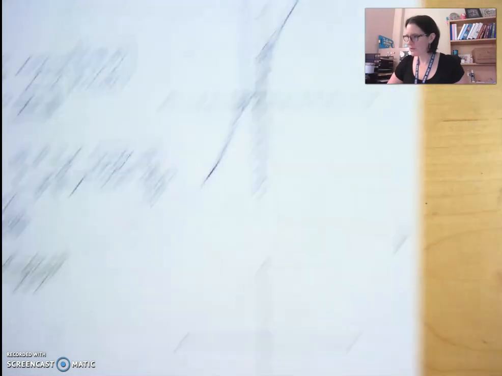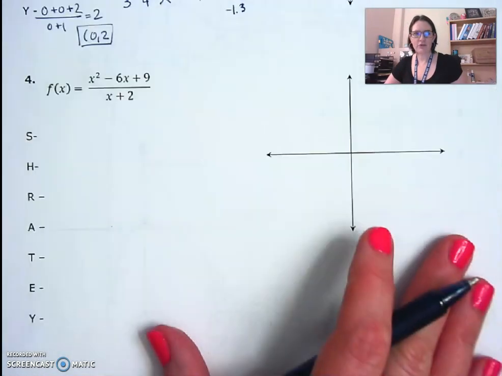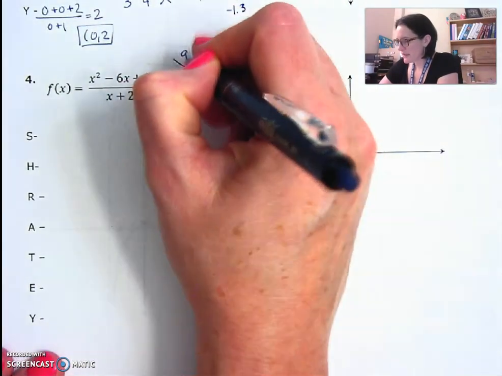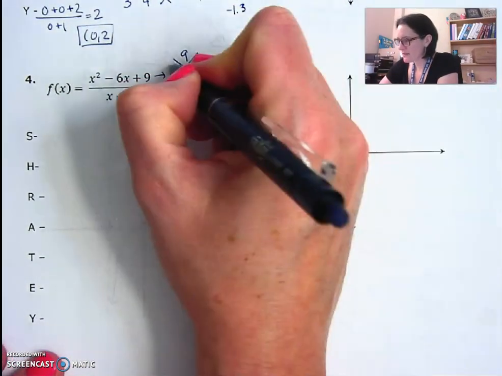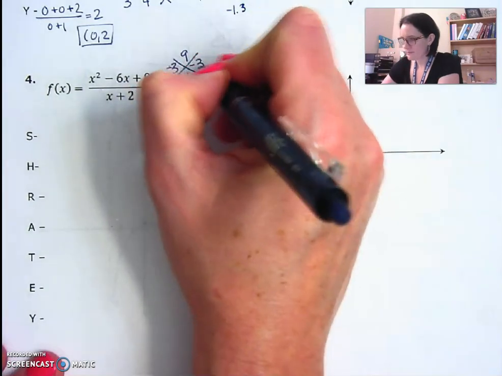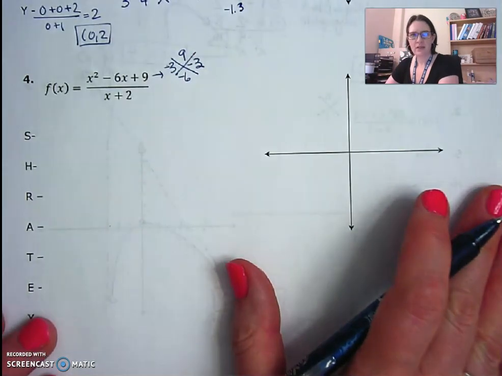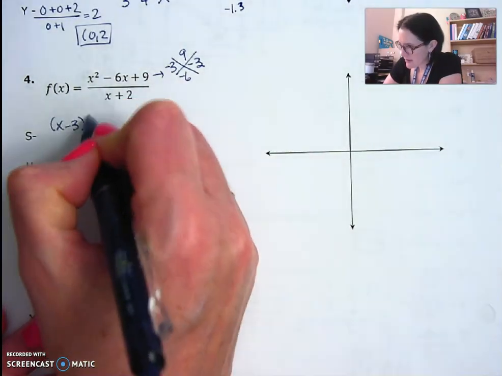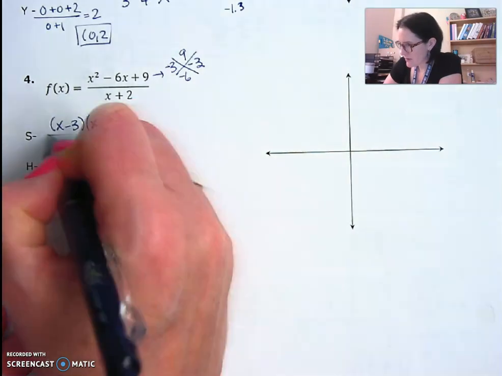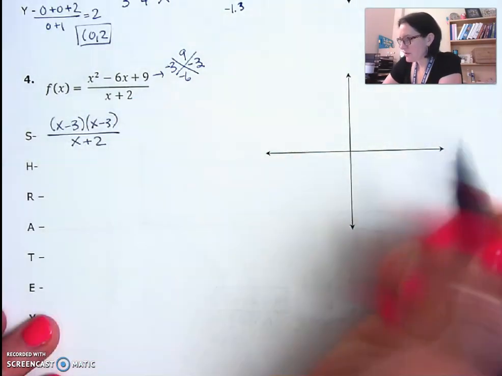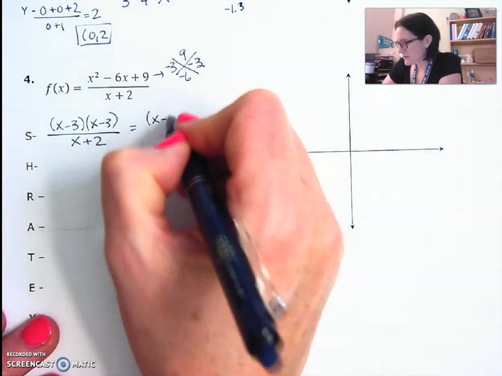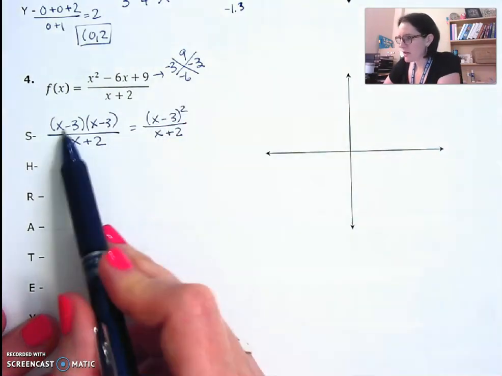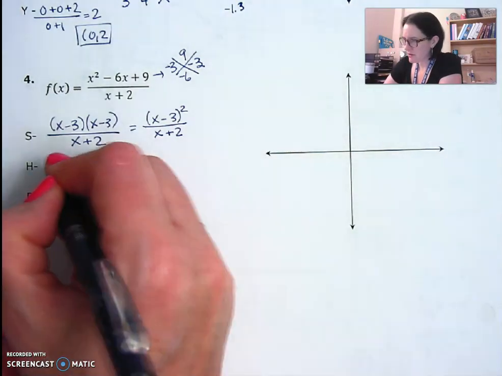And for this last one, now we can factor the numerator this time. So what multiplies to 9 and adds to -6? That's -3, -3. So my factored form is x minus 3 times x minus 3 over x plus 2. You also could write this as x minus 3 squared. There are no common factors top and bottom, so there are going to be no holes.